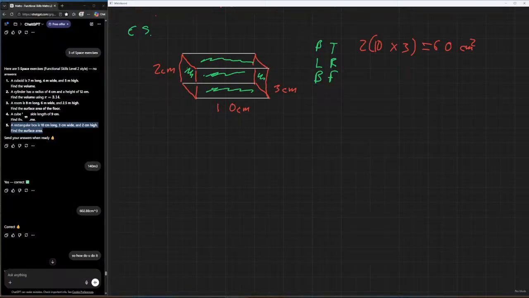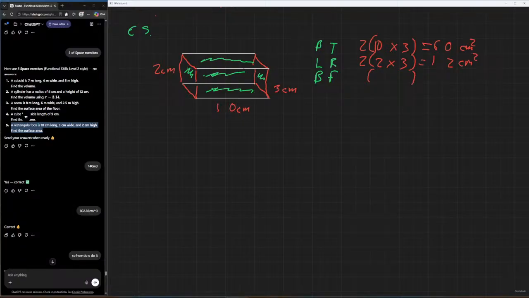Then we have the left and the right. So we're looking for this side here. The height is 2 times 3. 2 times 3, and because we have two sides, we multiply by 2. 2 times 3 is 6. 6 times 2 is 12. Then we have what?